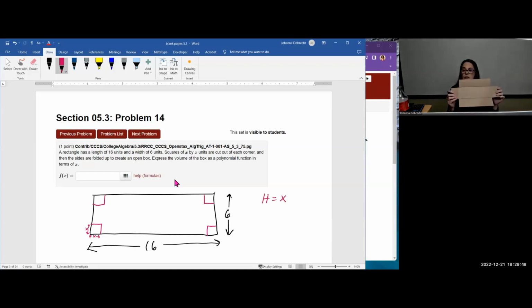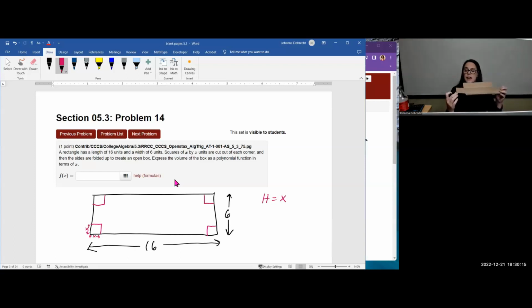Okay, now what else? So I'm looking at this thing, and when I fold it together, I've got the height. I need the width. Well, what's the width? The width is going to be this measure coming across here, all right, across the bottom. But that's also x. No. Or is it? Well, it depends, all right? I don't know that it's x.